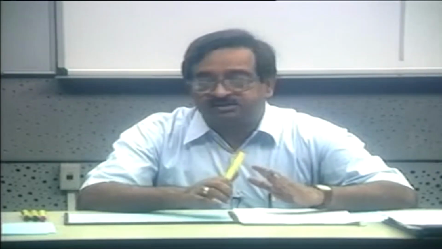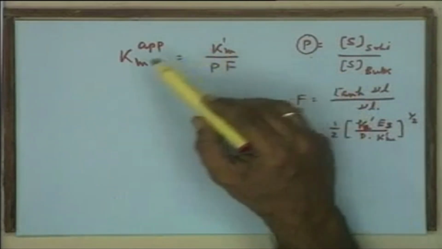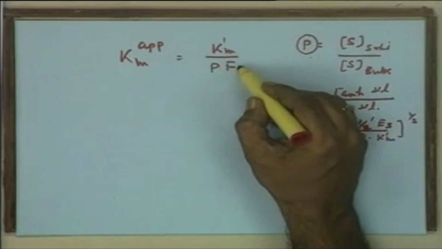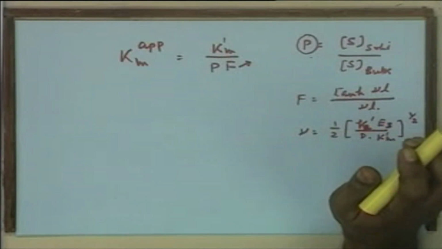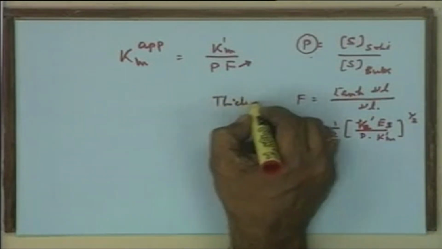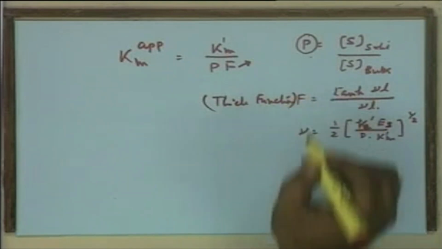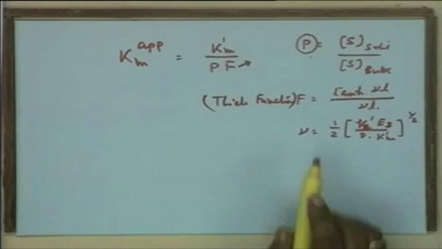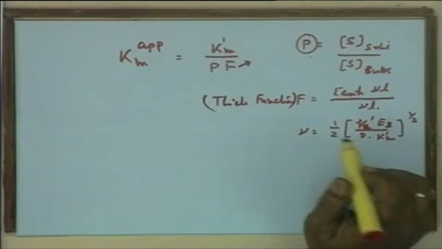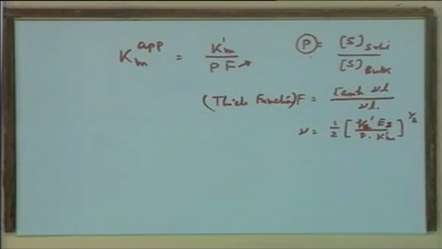Once the method of immobilization, the nature of matrix and the substrate are defined, the value of P will remain constant and the value of Km apparent essentially is dictated by the parameter F. And in the case of F, what we call the Thiele function, the form of F is very significant, and this can be considered to have a very unique profile.